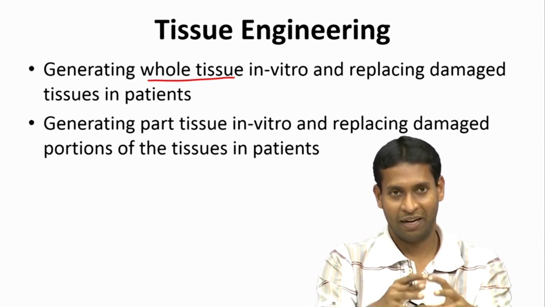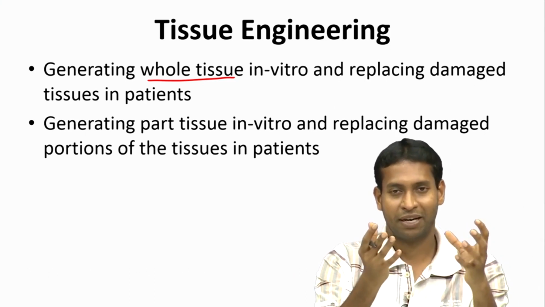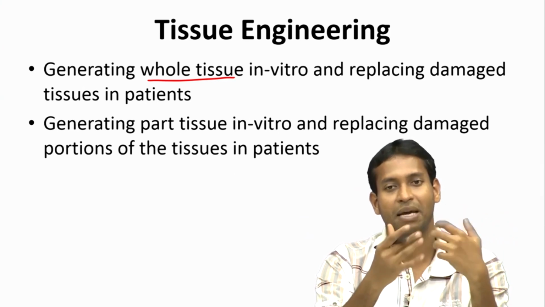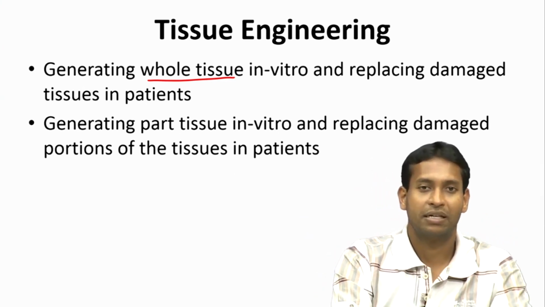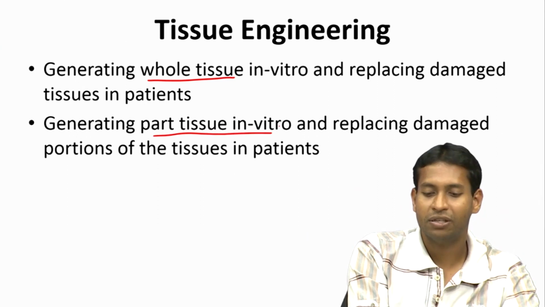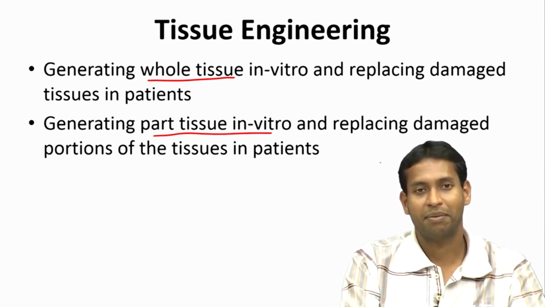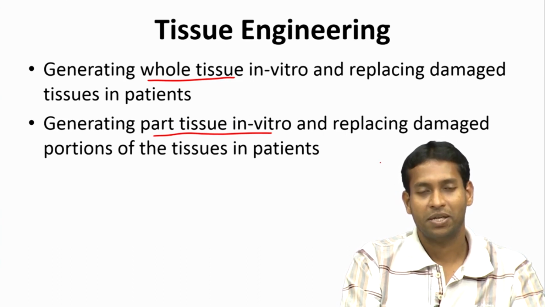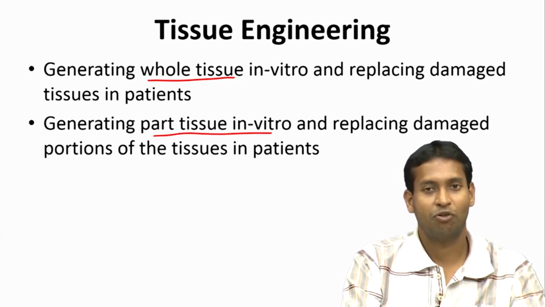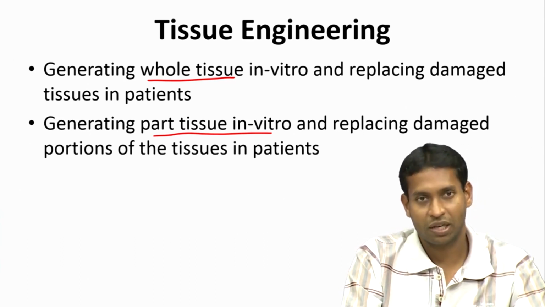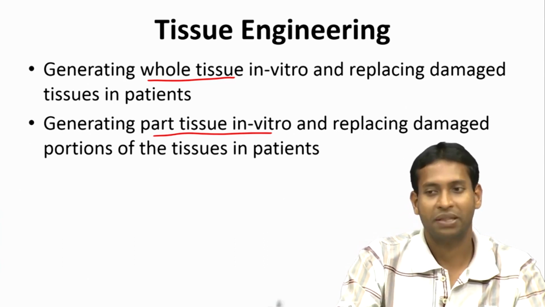My liver is now operating at, let us say, 50% capacity, and I want to get that 100% capacity back. So, you can grow a part of the tissue in vitro and then replace the damaged portions in the patient. That way maybe I will not get to 100% from 50%, but maybe 80% of the liver is now functional. That is the hope in that case.